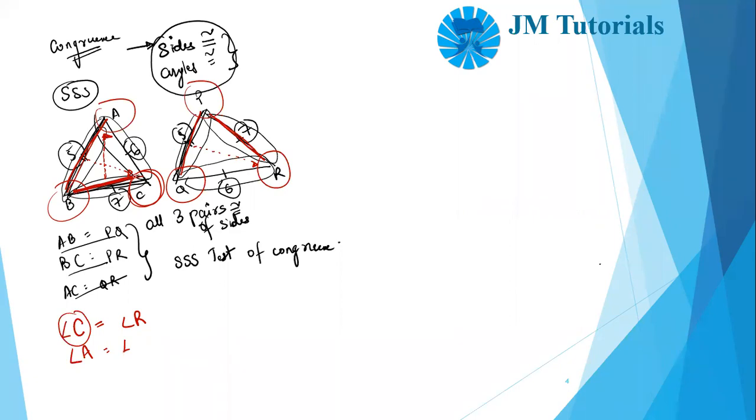BC was 7, so this will also be 7. Now we pick the angle opposite that side, that is Q. And then what is left? Angle B is left over here, and over here R is done, Q is done, so P is left. This is called corresponding angles of congruent triangles.